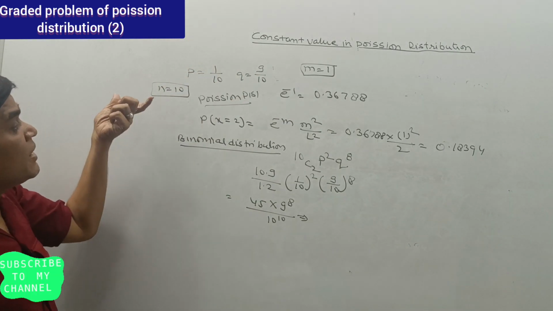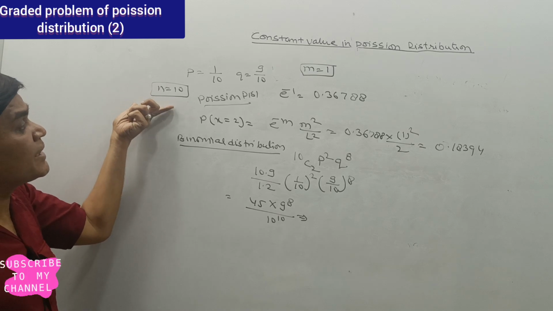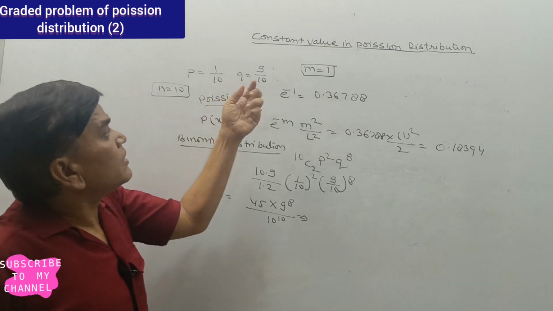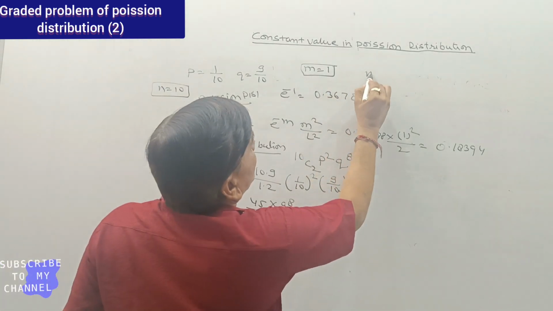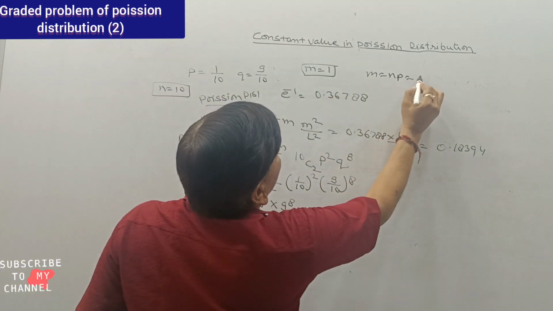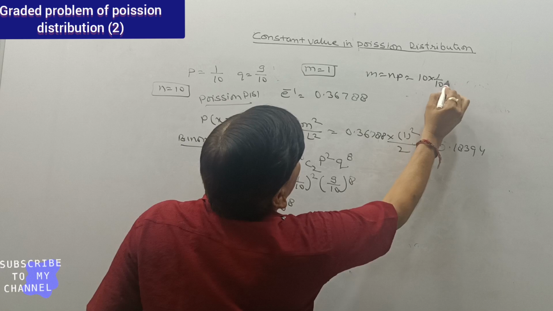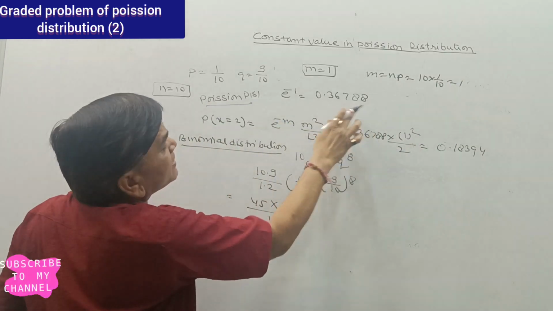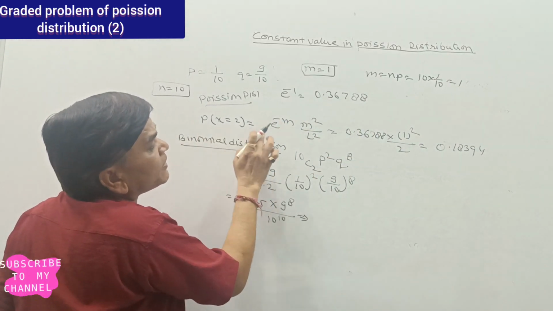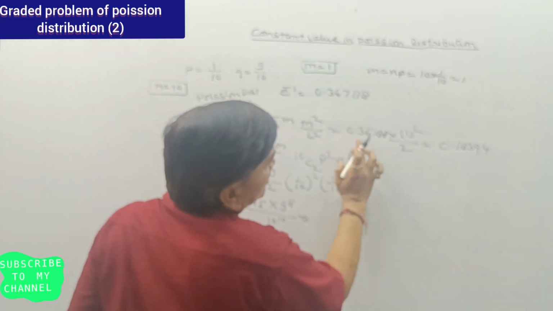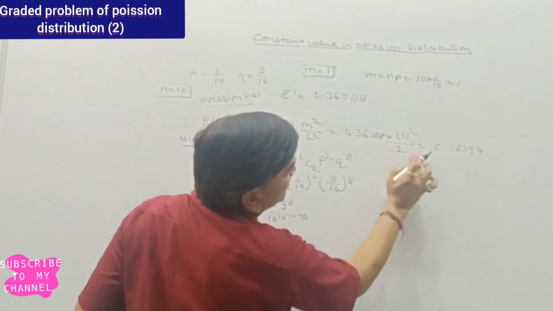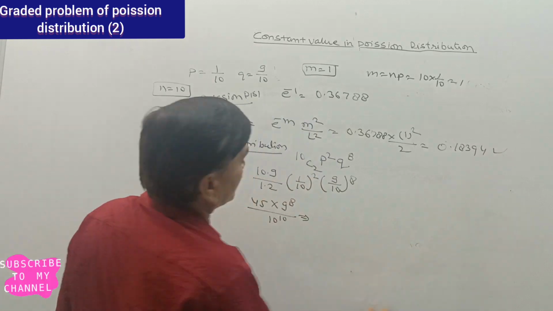The TV company makes the TV in batches of 10, so for the Poisson distribution m is equal to 1 because m is equal to np. So that is 10 multiply 1 by 10, that is 1. So e raised to power minus 1, and exactly for getting 2 defectives, e raised to power minus m and m raised to power 2 upon factorial 2. So 0.36788 multiply 1 upon 2, so we are getting the Poisson distribution.